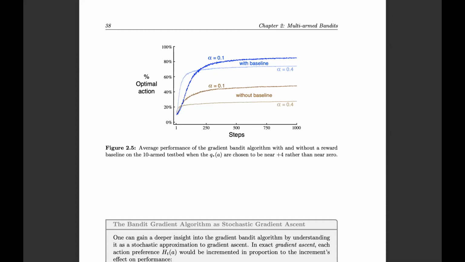But with respect to the baseline, the difference is what equation 2.12 is trying to model the algorithm on. So it's not directly upon the rewards, but the difference between the baseline and the number of times that action has been selected.